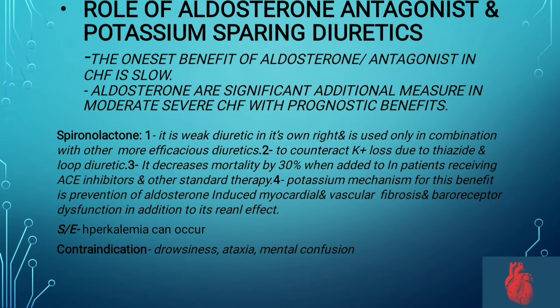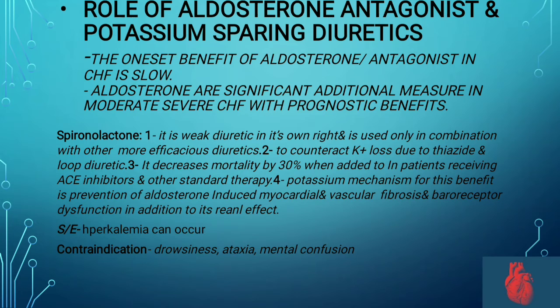An example of an aldosterone antagonist is spironolactone. Spironolactone is a weak diuretic in its own right. It is used only in combination with other more efficacious diuretics. It is used to counteract the potassium loss due to thiazide and loop diuretics. It decreases mortality by 30% when added to patients receiving ACE inhibitors and other standard therapies.